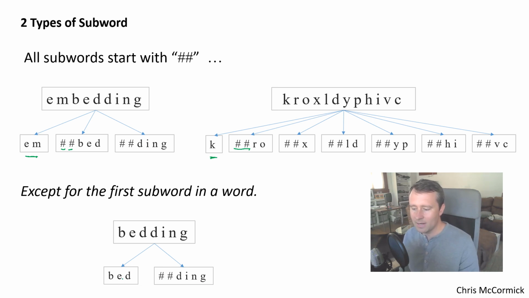And here it's kind of helpful that bed is the same as the token for the word bed. That does convey some meaning to this word, that bedding is related to bed. So that's my thought on why they make this distinction. I'm curious to do some more research and see if there are other comments out there about why they distinguish the initial subword from the rest.